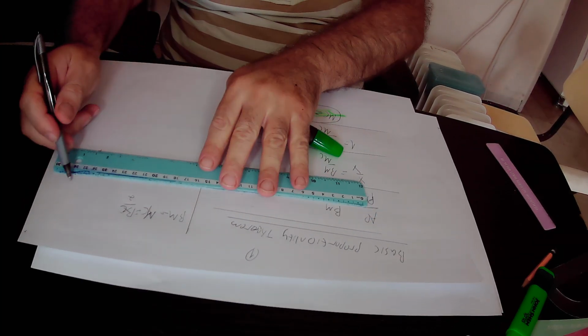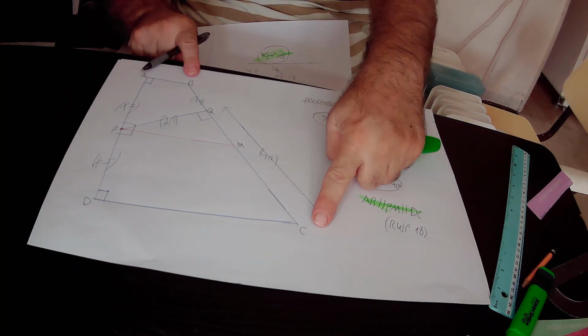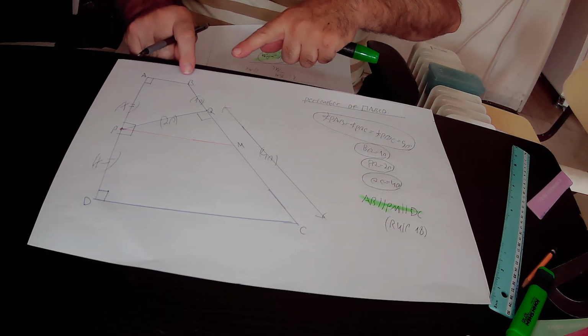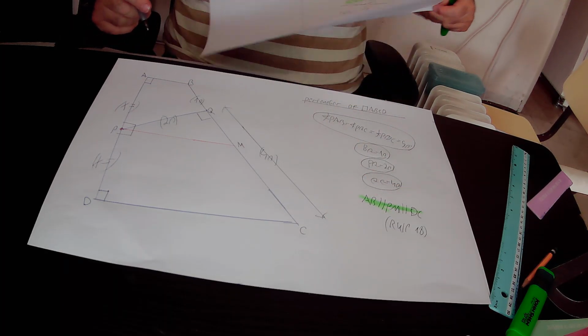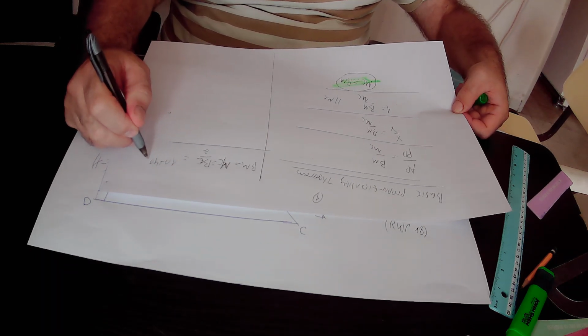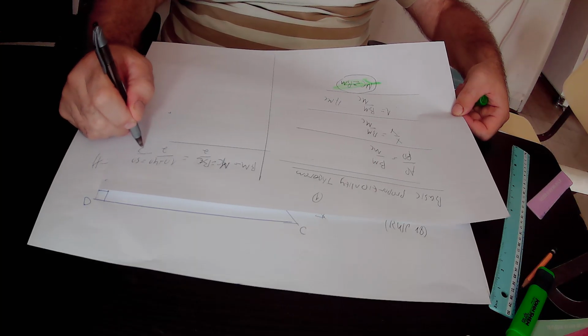But side BC in total equals BQ, that is 10, plus QC, that is 40. So in total BC equals 10 plus 40, that is 50, and 50 over 2 is 25.